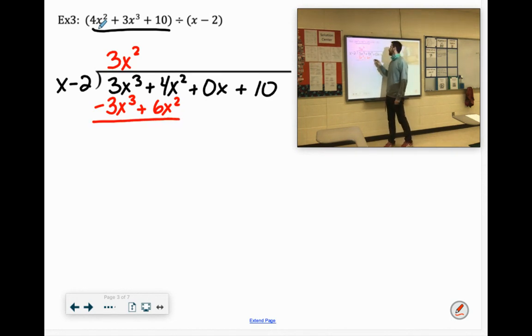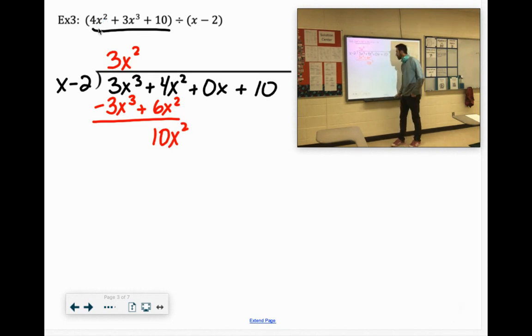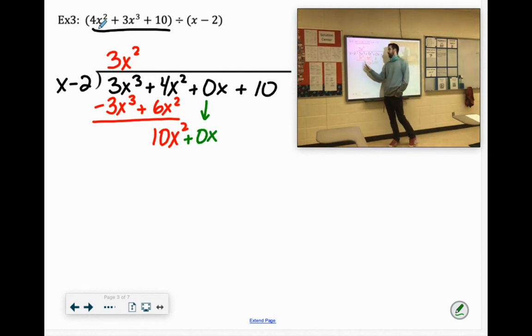plus 6x squared, because it would be minus negative 6x squared. All right, so we take this down, 3x to the third minus 3x to the third, nothing. 4x squared minus negative 6x squared, aka plus 6x squared, is 10x squared. We bring down the next term, our 0x. How many x's go into 10x squared? 10x.